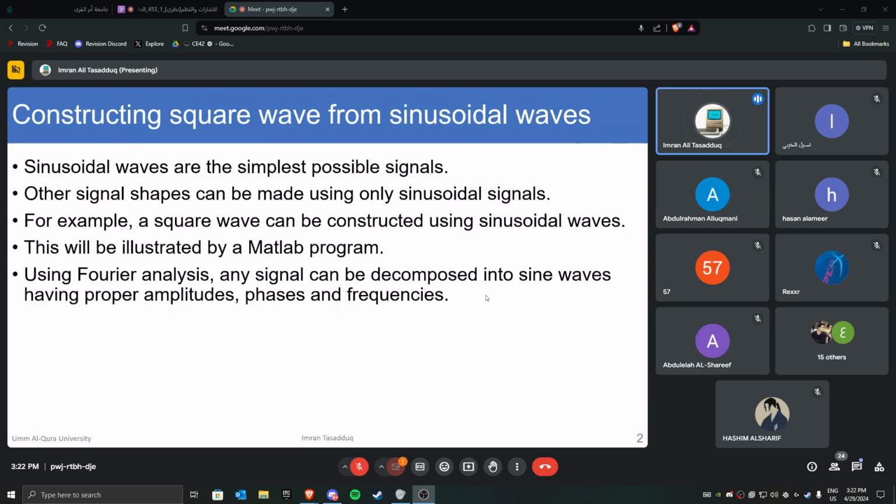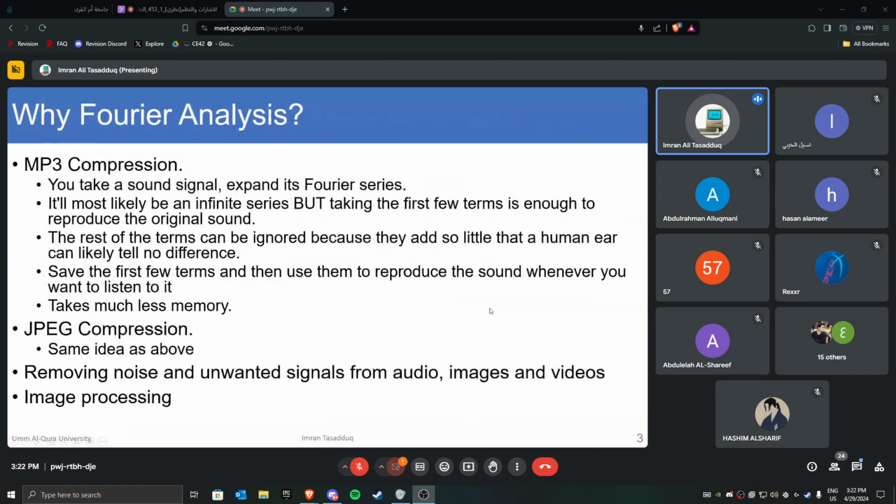All right. So now the question is why we are talking about Fourier. We are talking about Fourier because it has several applications. For example, in MP3 compression, the basic idea behind that is Fourier analysis. You take a sound signal and expand its Fourier series. Most likely it's going to be an infinite series, but let's suppose you take the first few terms.